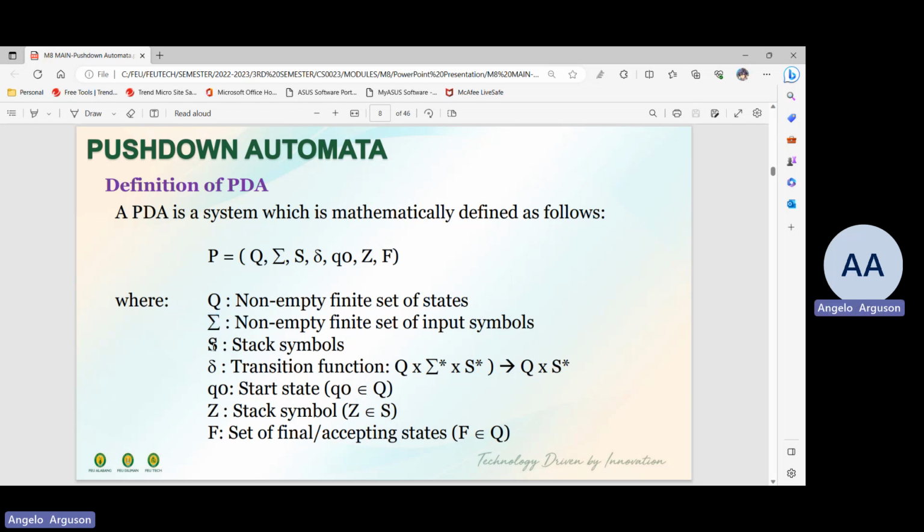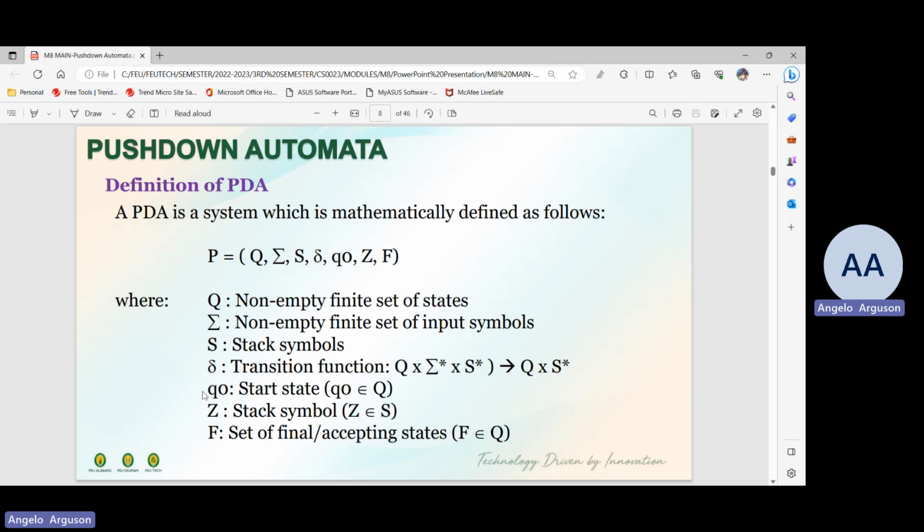Gamma represents the stack symbols, symbols that can be pushed and popped from the stack. And Z is the start symbol which is in your stack.